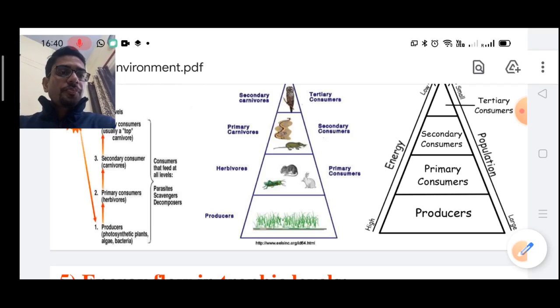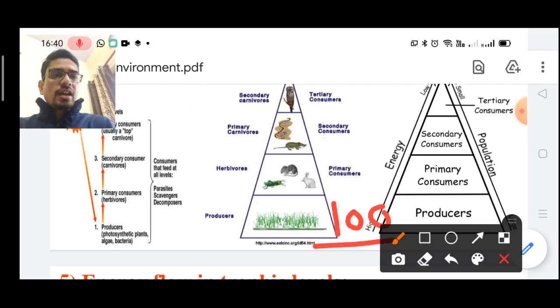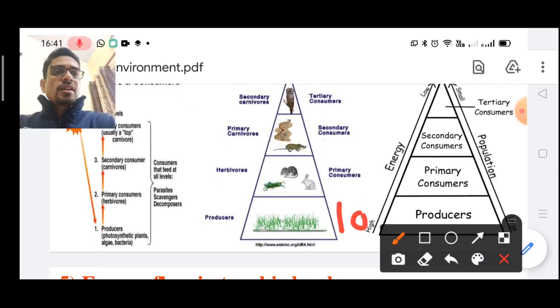For example, just suppose that plants have 100 joules of energy, then herbivores will get only 10% of the energy, 10 joules. Or we can suppose that plants have 1000 joules of energy, the next trophic level will have 100 joules, 10%.